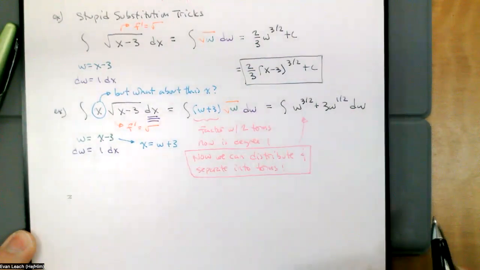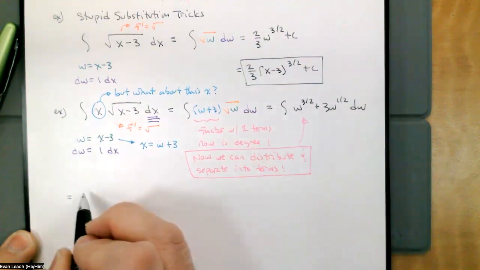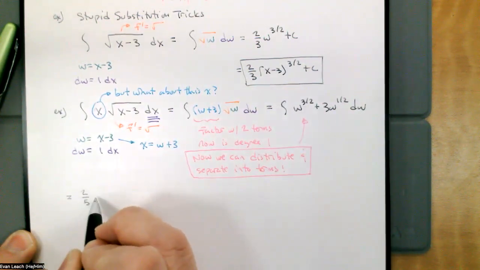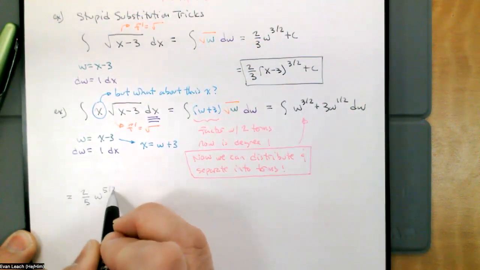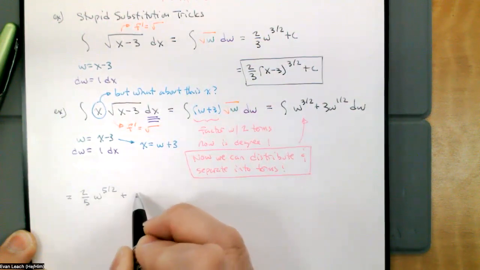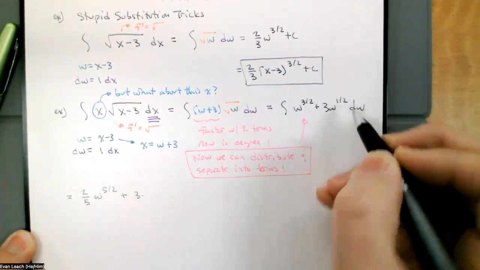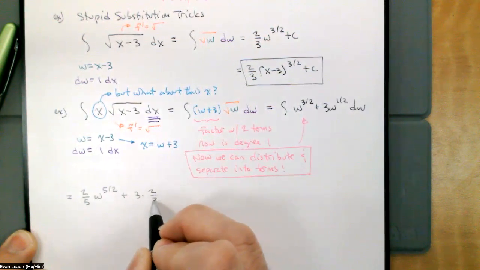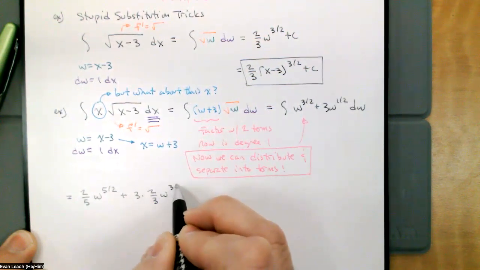Because now we can just separate it into terms. The integral of w to the 3/2 is 2/5 w to the 5/2 plus 3 times the integral of w to the 1/2, which is 2/3 w to the 3/2.